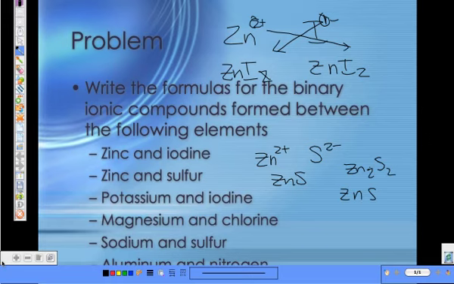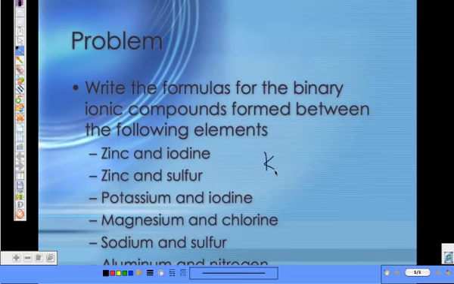How about potassium and iodine? What's potassium? And iodine is? So how many of each atom do we need to balance each other out? 1 of each. Or if we cross over the charges, we're crossing over a 1 and a 1, so we don't show 1s as subscripts, so it's just KI. How about magnesium chloride?